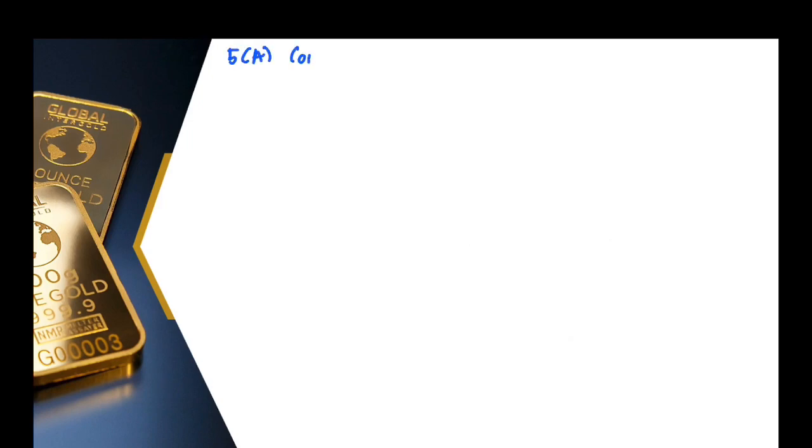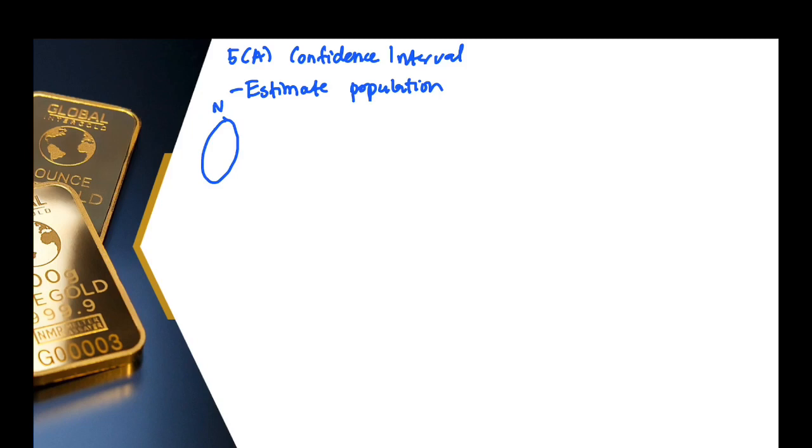In chapter 5 part A, you have confidence interval. What did you do in the confidence interval? We estimate the population using a sample. For example, you have a population, you want to estimate the mu.